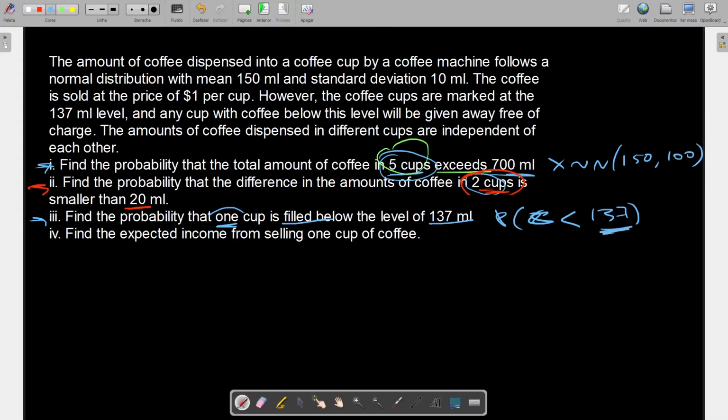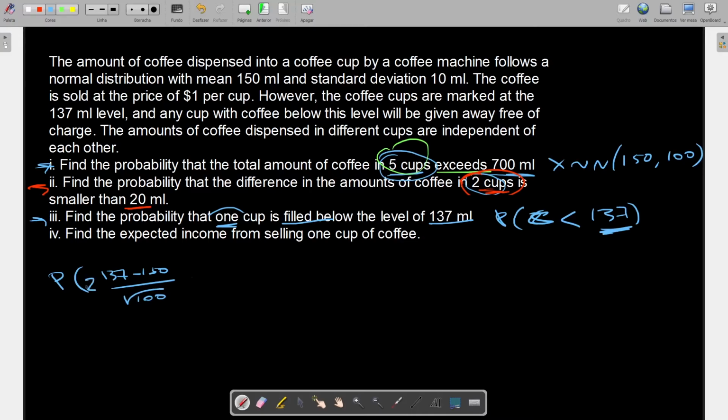In this specific case, we have 137, and we are going to normalize in order to get the Z value. So we have the probability of 137 minus 150, because this is only 1 cup, over 100, and this is the value that you're looking for.